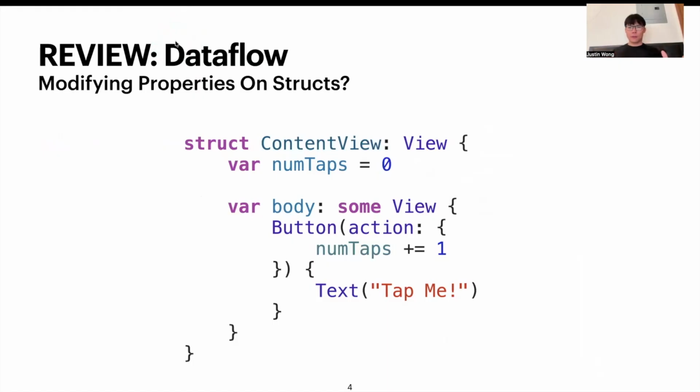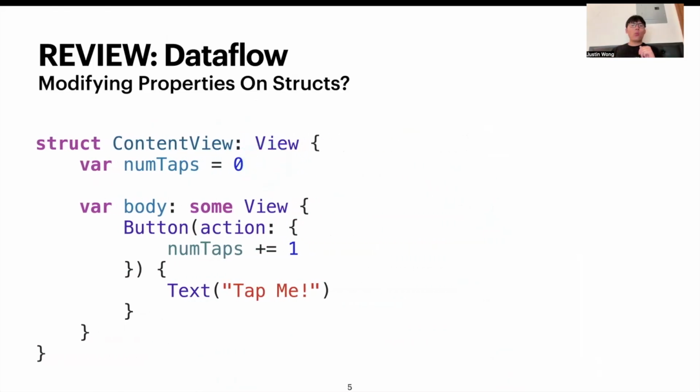So to review data flow, we explored this concept of, in our SwiftUI views, which are structs, right? How we can have immutable data within them. For example, here in this content view's body, we have this button, and whenever we tap on this button, we increment numTaps by one. And numTaps is declared and initialized here within the struct ContentView.